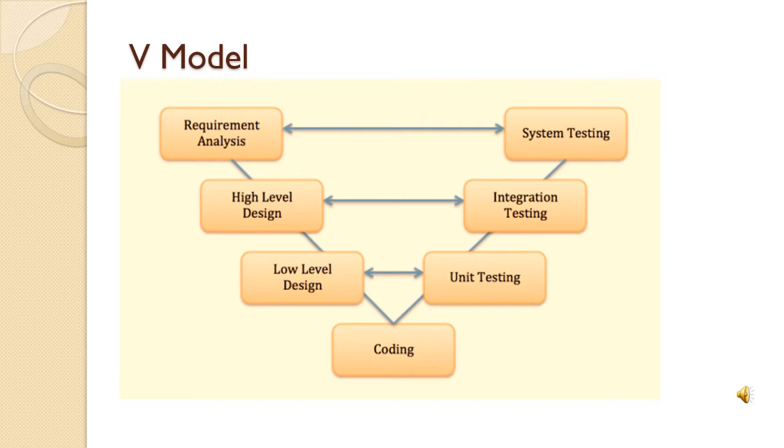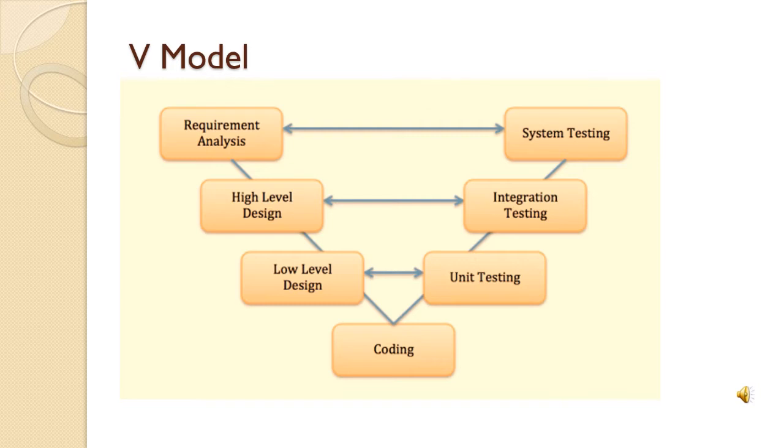So two main phases are there in this model, that is development and validation. The left half of this model comprises the development phases, and the right half of the model is the validation phases.